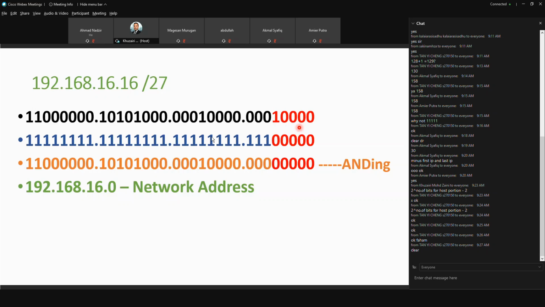So when the host portion has a 1, it shows that this is not the network address. This is the host address, or a complete IP address. Understand? So you do the AND operation. You want to find the network for this IP. So the network is 16.0.